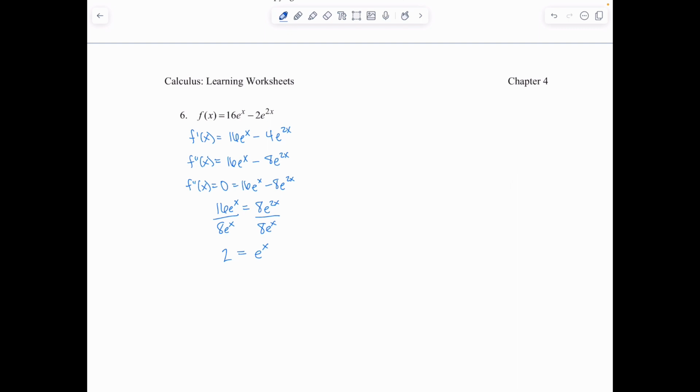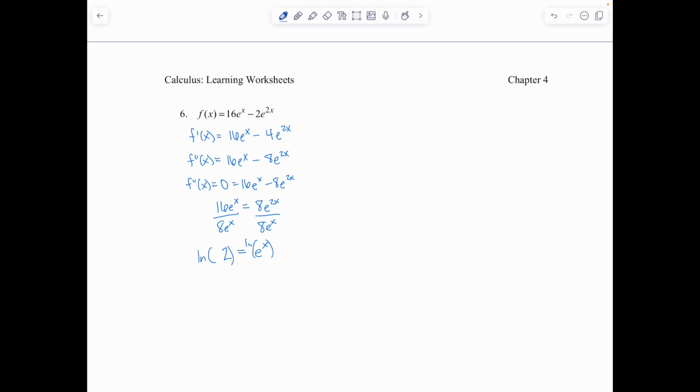In this case, when we're solving an e to the x, we will take the natural log of both sides. So that way we have natural log of 2 is equal to x. So this is going to be the value that we're looking around.